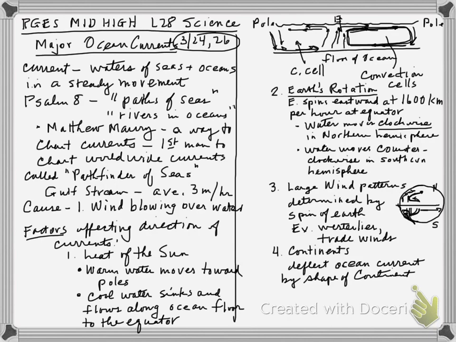So we have this big current that circles through the Atlantic in this direction. You can see that's a clockwise current, and down here is your counterclockwise current in the southern hemisphere. So the shape of continents will also affect these currents.